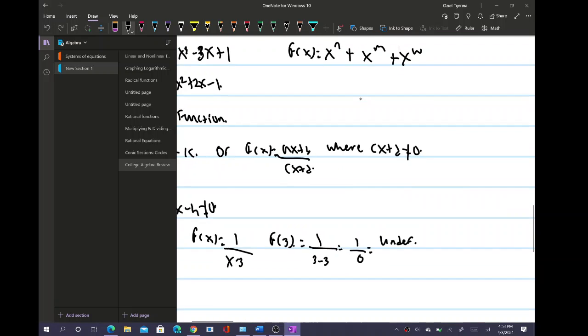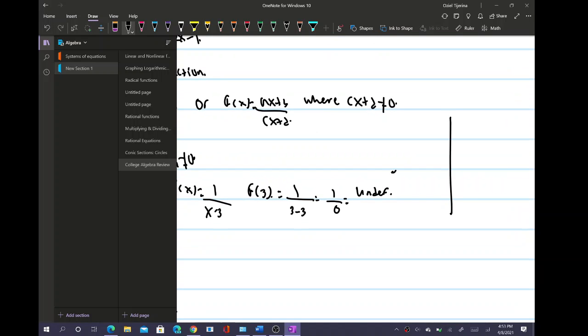A rational function, the parent function for that looks like this: f of x equals 1 over x. Give me a second, guys.